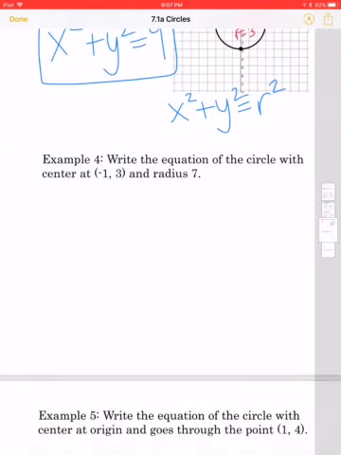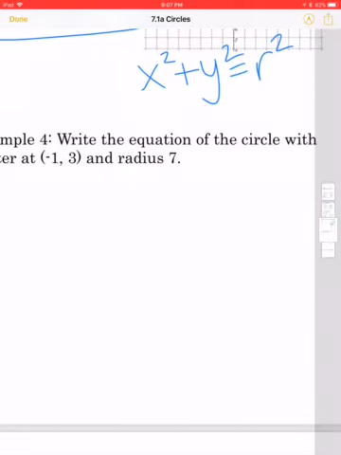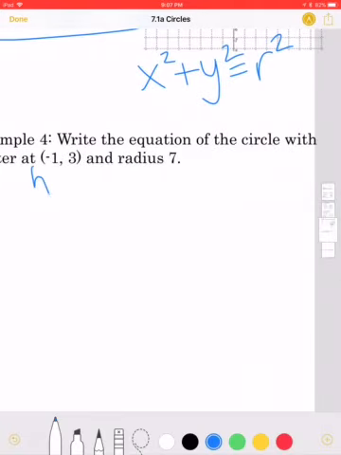Example 4 says write the equation of the circle with the center at negative 1, 3, and the radius is 7. So that means that the negative 1, 3 is my h, k, and r is 7.